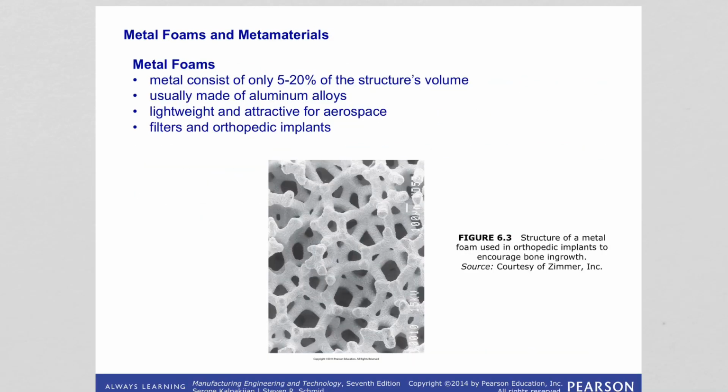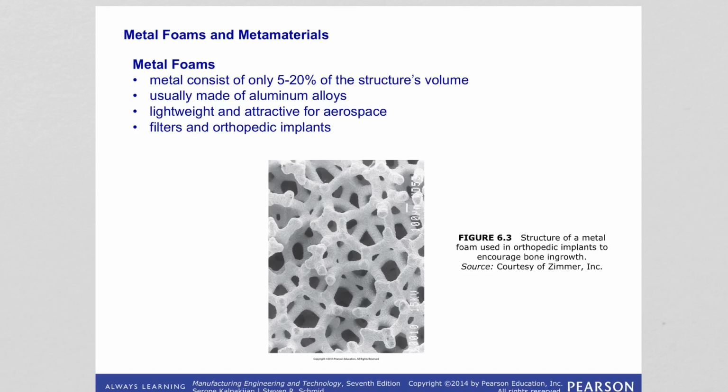What about metal foams and metamaterials? What are these? As you can understand, metal foams are very porous structures, right? As we see in the image, which is a metal foam in an orthopedic implant used for bone growth, because bone also has a similar structure. These only have 5 to 20% metal.